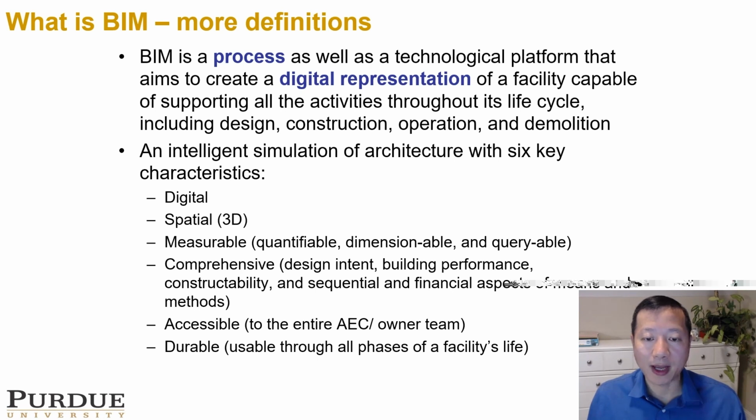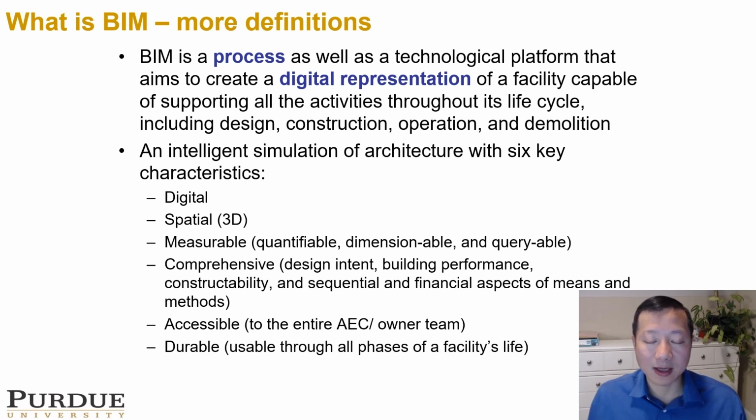Fourth, it's comprehensive. So comprehensive means that as a resulting digital representation, it should include your design intent, building performance, constructability, and the sequential and financial aspects of means and methods.